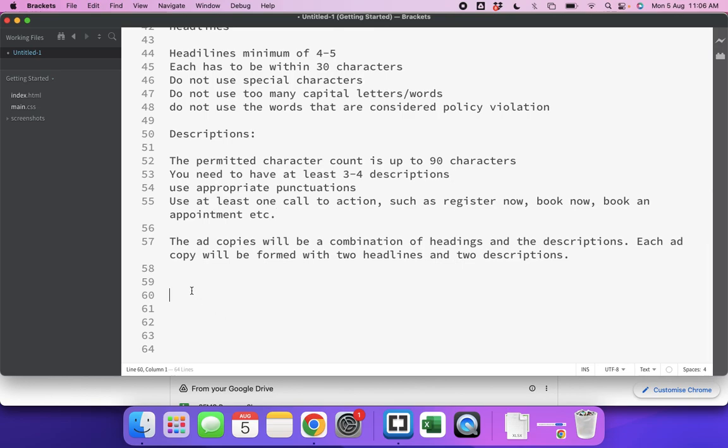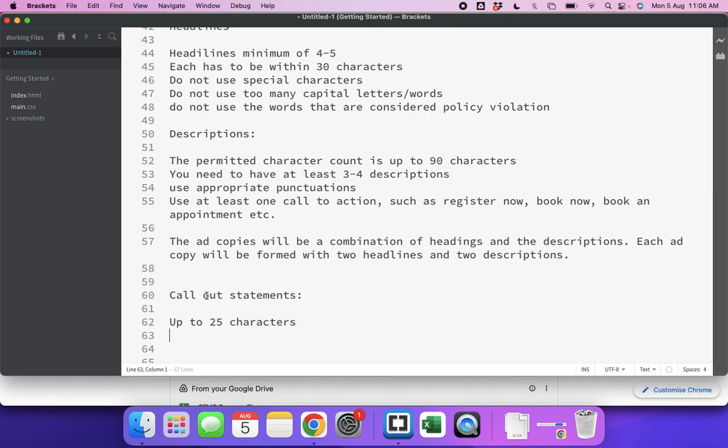Then comes your call out statements, up to 25 characters.